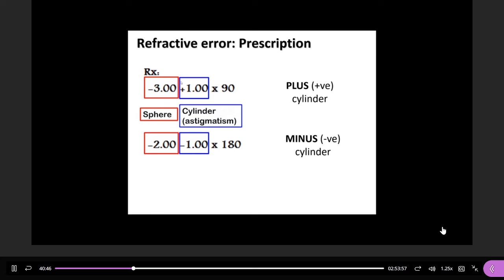Then, if the patients have astigmatism, you give the plus or minus cylinder lens, which is shown here in blue. If the patient has astigmatism, of course, you need to give the axis, which is the purple. So this is three parts: sphero, cylinder, and axis. This combined is the prescription you are going to give to your patients.